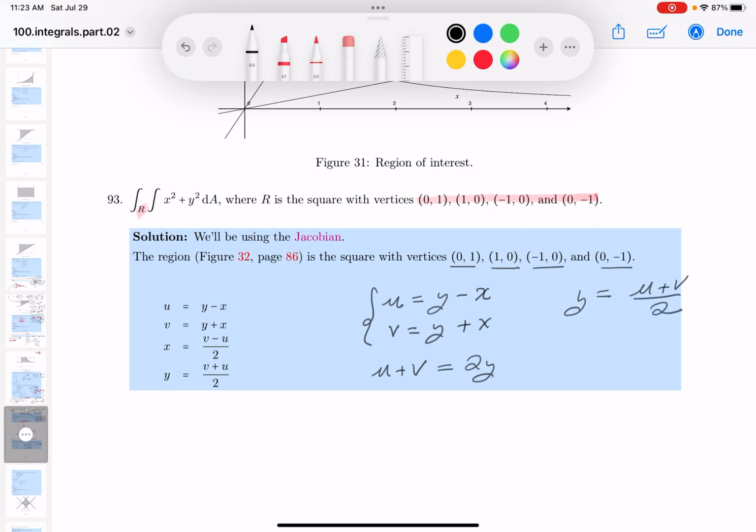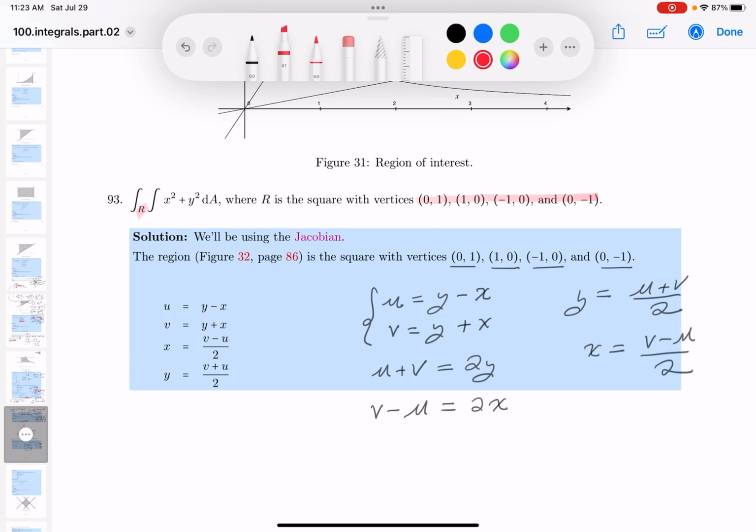That was easy. I could also do v minus u. Let's write that down. v minus u, well, y minus y is none, and then you get 2x. So I could solve for x. What's x going to be equal to? x will equal v minus u over 2.